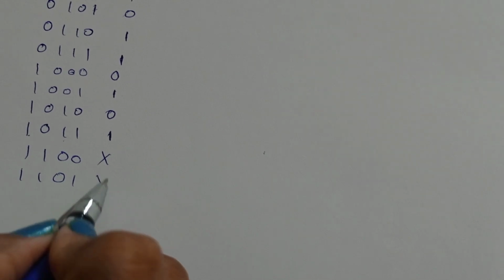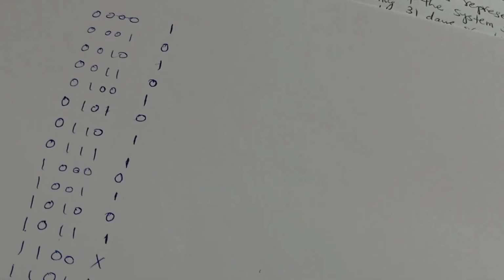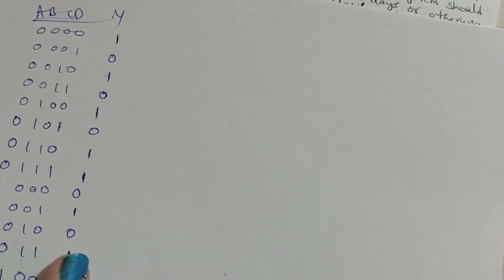That means now 1100 don't care. 1101 don't care. 1110 don't care. 1111 don't care. Okay, this is what the input. Consider here A, B, C, D and this is as Y.